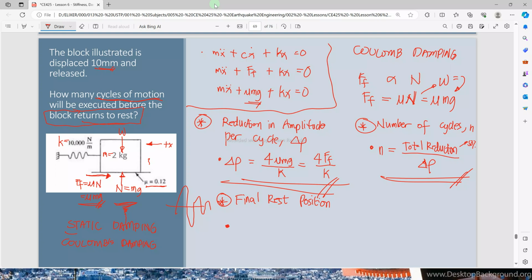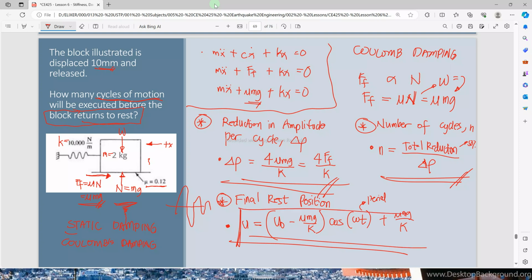Let's represent that by u equal to u naught, the initial position, minus mu mg over k, times cosine of the natural frequency times the time, or the period at which it stops, plus mu mg over k. This is an additional formula.